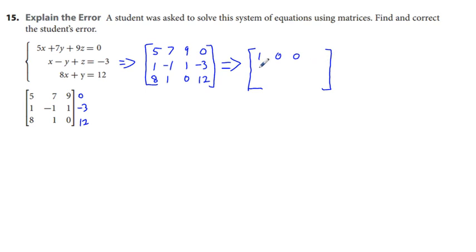We're going to have 0, 1, 0, another number. And finally, the last row is going to be in form 0, 0, 1, and then some number in the last. And these last three numbers on the right are going to be the value of x here. I'm just going to put x to the side. Y here, and z here. And let's go to the calculator.